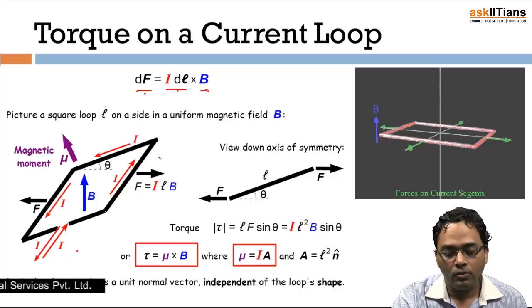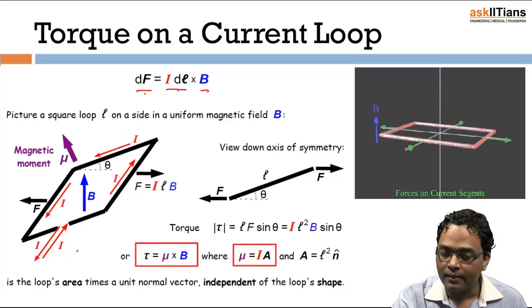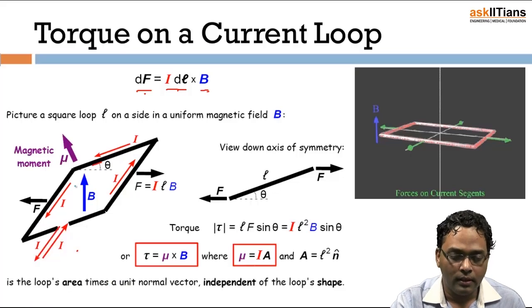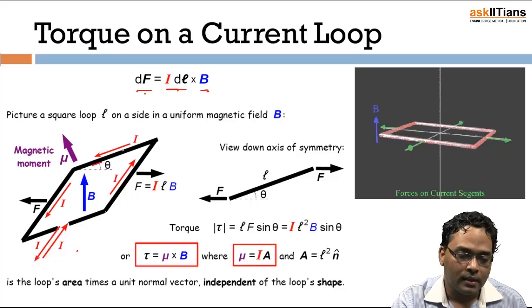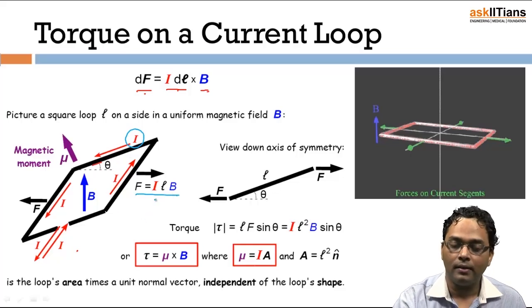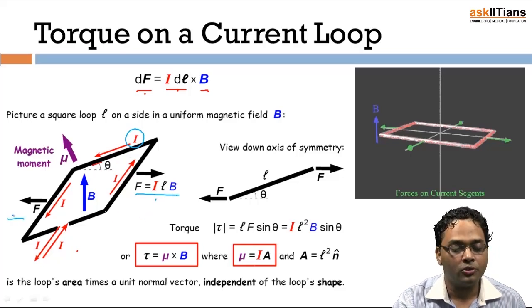So here, if at any instant of time, let's say the current is making an angle theta with the horizontal, and I is the current element that we have, then at this point, like we saw here, there is going to be a force ILB, and similarly the same amount of force is going to be exerted towards the left hand side.